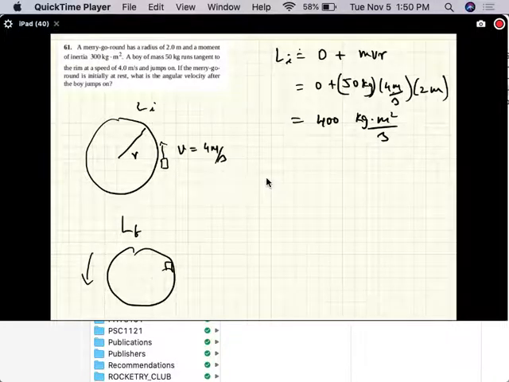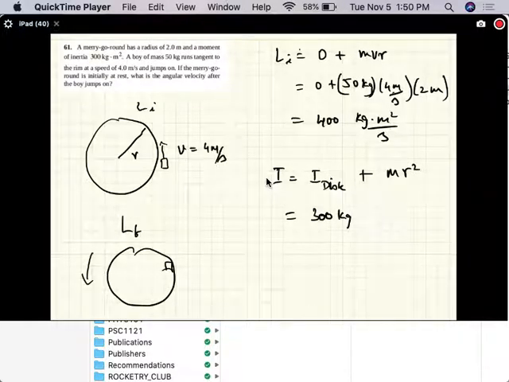Now the final moment of inertia is the moment of inertia of the merry-go-round plus mr square. That is given to us, 300 kg meter square, plus 50 kg, his mass, times 2 squared, assuming he's on the edge of the merry-go-round.